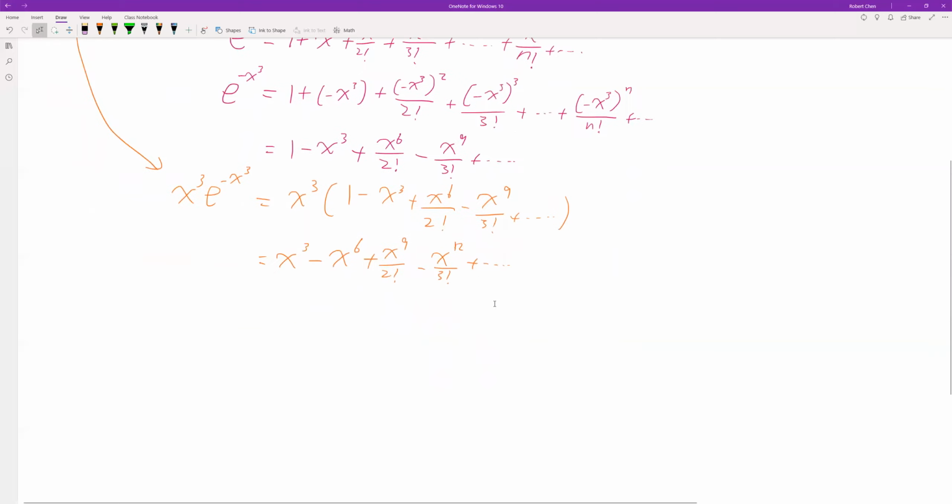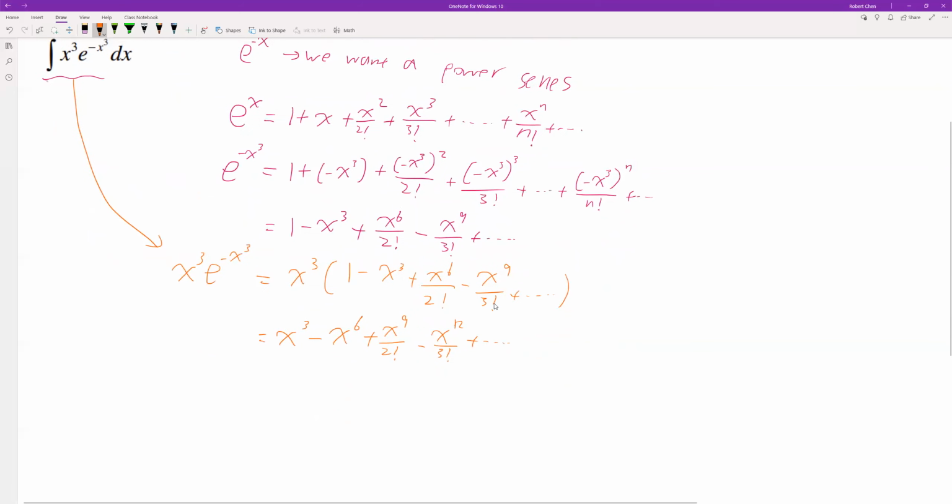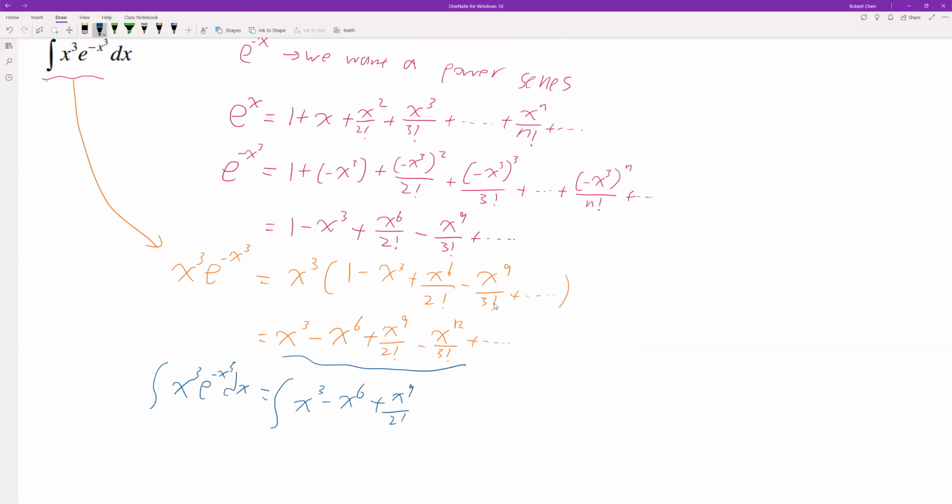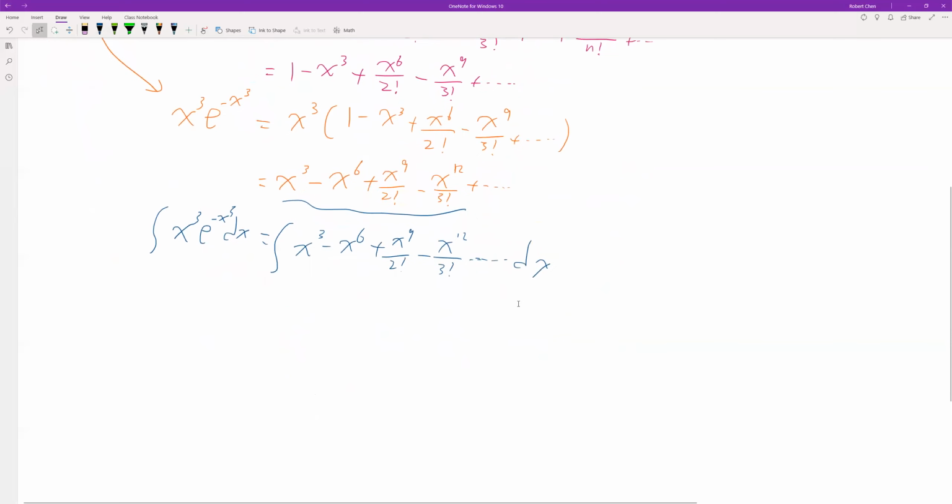Okay, so integrating the original expression that we have is the same as integrating the power series, which is easy to do because they are just polynomials, dx.